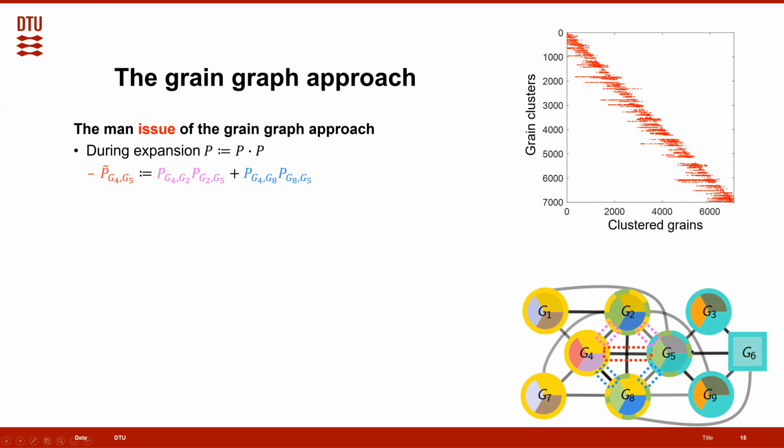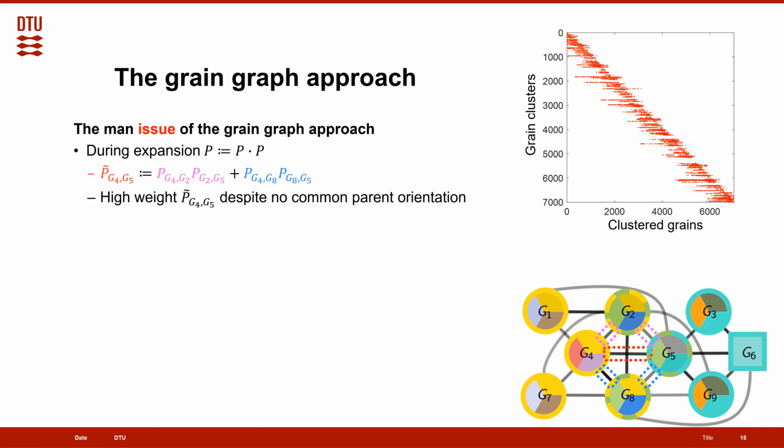And the logic here is that if G4 and G2 are related by a parent orientation and G2 and G5 are related by a parent orientation, then probably also G4 and G5 are related by a parent orientation. But we can actually see that this does not hold. And that's actually one of the, let's say, intrinsic problems of the grain graph approach, that this is really happening and it's giving problems.